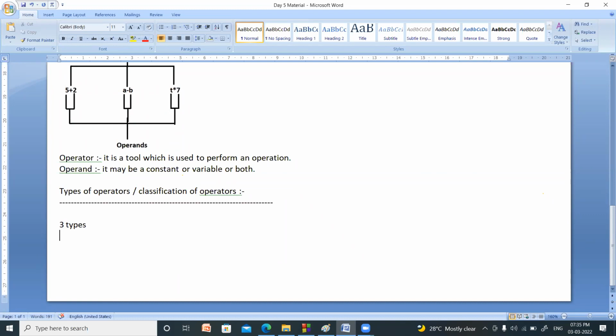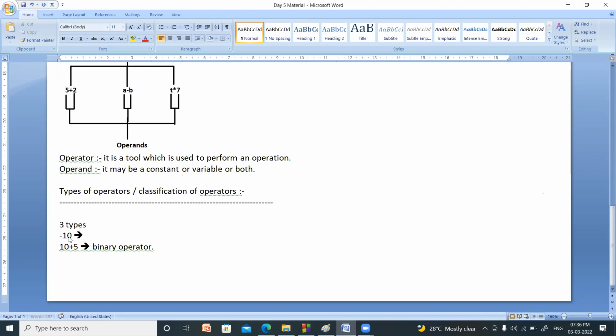Based on the number of operands used, you can divide operators into 3 types. Now, 10 plus 5. The plus operator works on how many numbers here? 1 number or 2 numbers? 2 numbers. If an operator works on 2 operands, it is called a binary operator. Suppose minus 10.